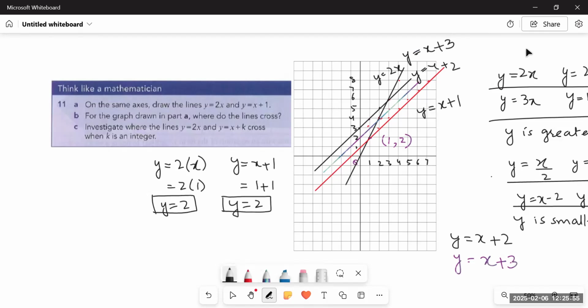But in this case, let us suppose we have taken y = x + 4. In this case, we are talking about the line y = x + 4. For the value of x as 0, the value of y would be 4. Similarly, for the value of x as 1, y would be 5, right? So this line would be over here.